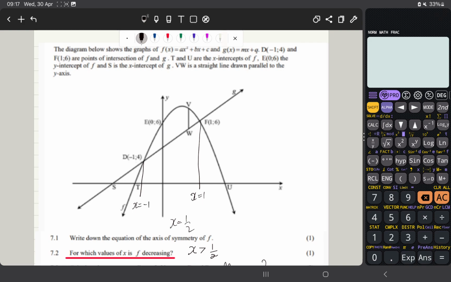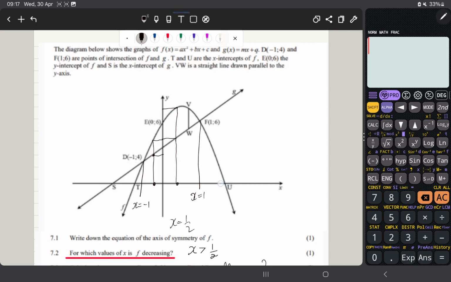If I pick this x value right here, this is the y value for g, but this is the y value for f. I could pick another one, and this is the y value for g, but this right here is the y value for f. So anything in that interval has this property.